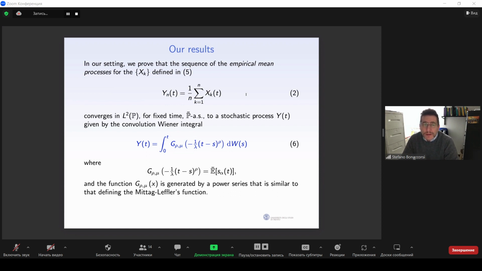So ynt is a stochastic process for fixed trajectory in omega bar, still a stochastic process in omega.